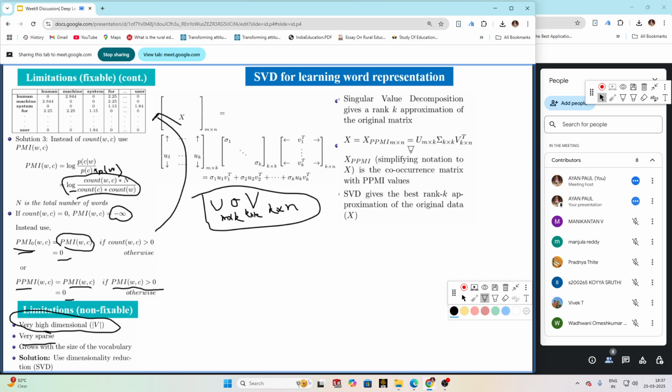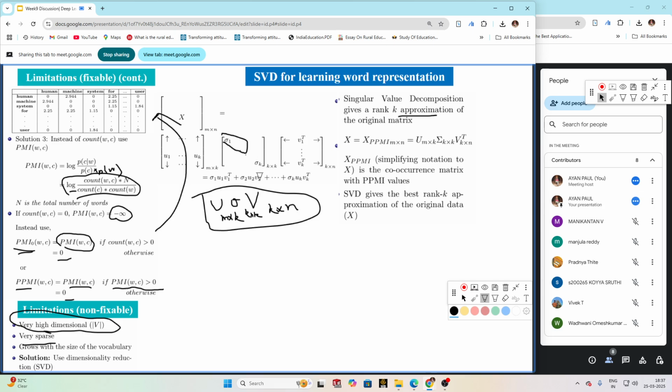For example, if we require a k-rank approximation, we take the first k singular values and leave the rest. That means we are retaining only k singular values. We have n singular values, but we are only taking the top k, not the other n minus k.